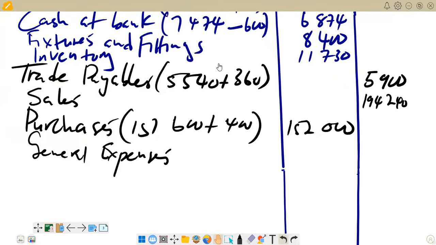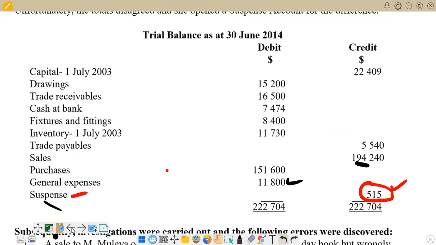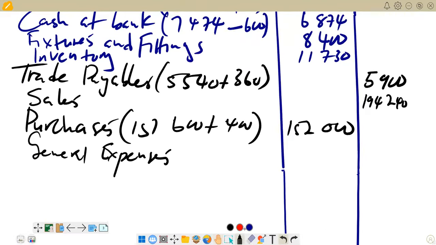So what we are going to do now on general expenses, we know that the figure that we have in the trial balance for general expenses is 11,800, and then we are subtracting that 600. So with 11,800, we subtract the 600. And the figure that we are going to get there is 11,200.